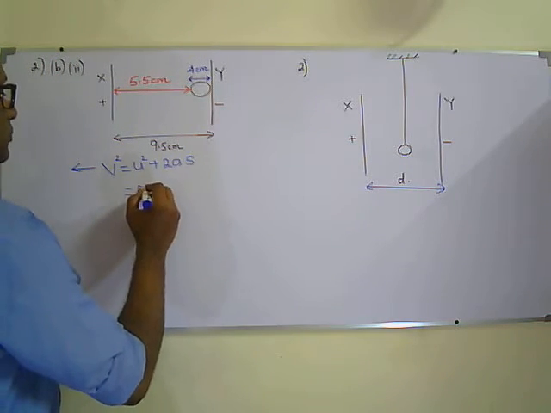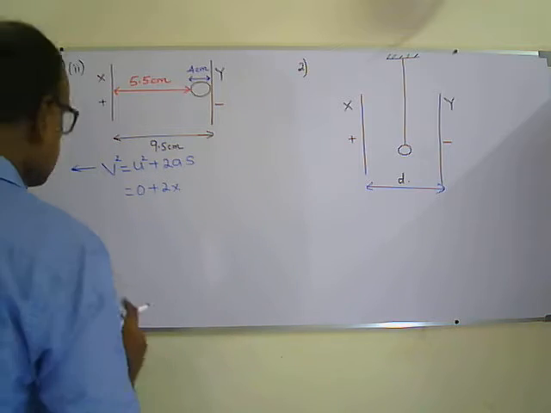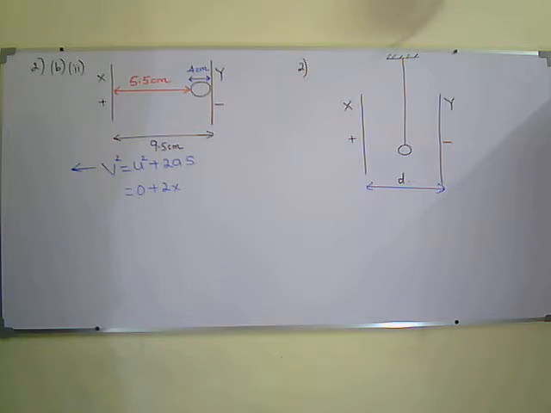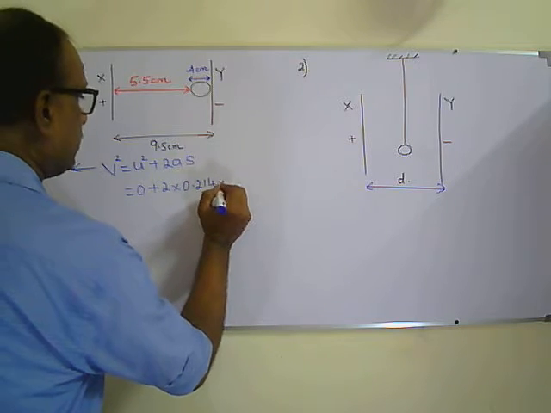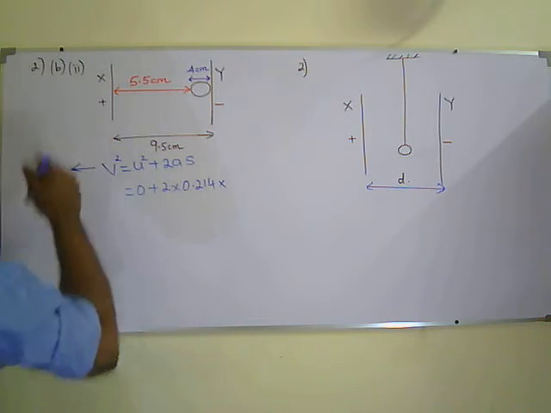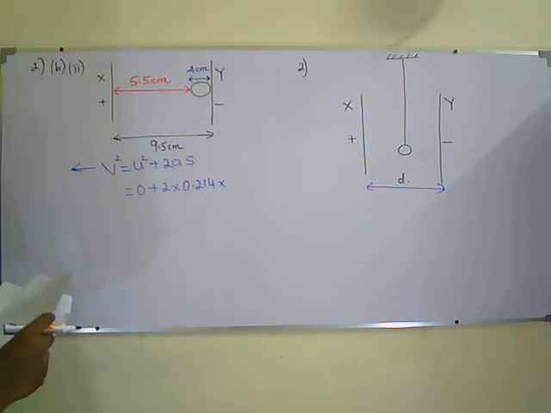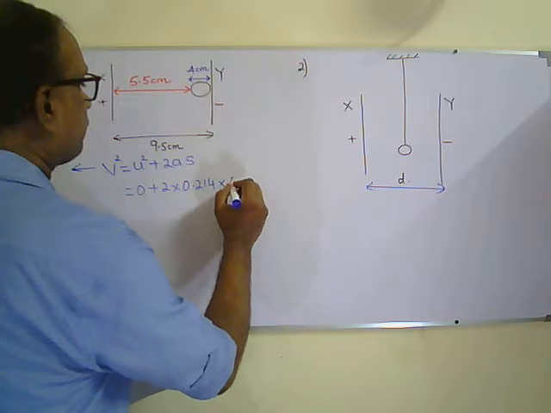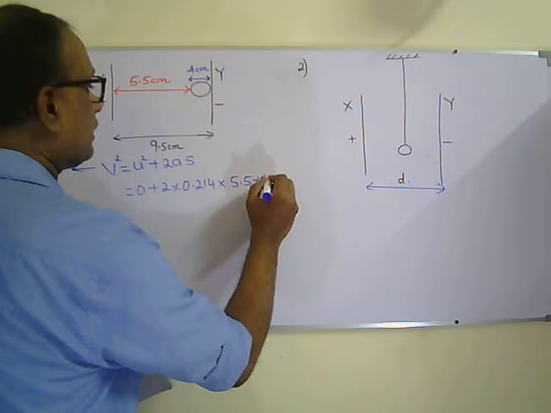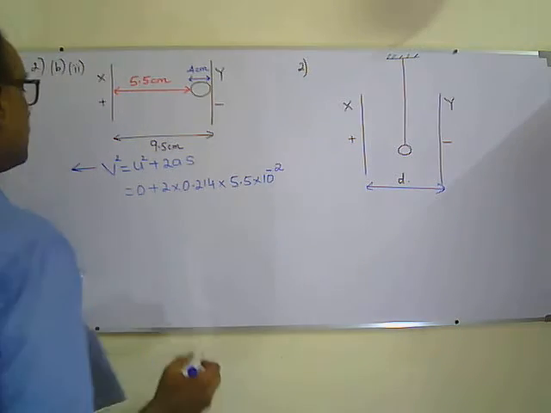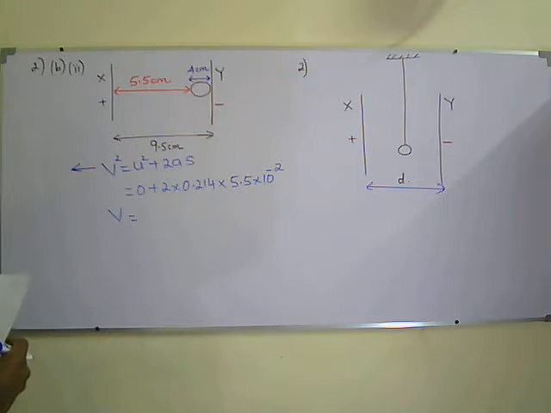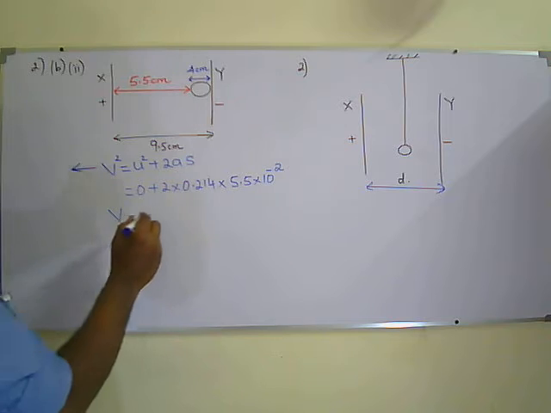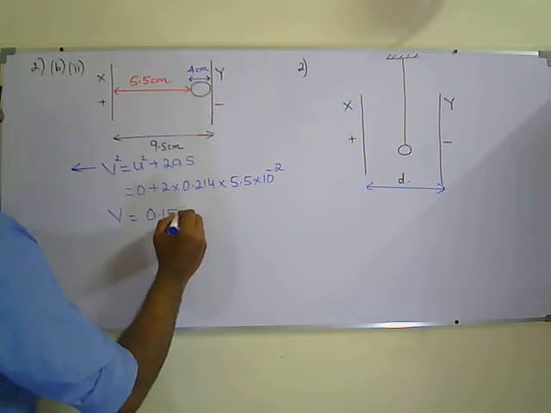So V squared will be 0 plus 2 times acceleration, we found it in the previous part, that is 0.214, times the distance, 5.5 centimeters. I should convert to meters, that is 5.5 times 10 to the power minus 2. Solve it, you will get the speed, that will be 0.15 meter per second.